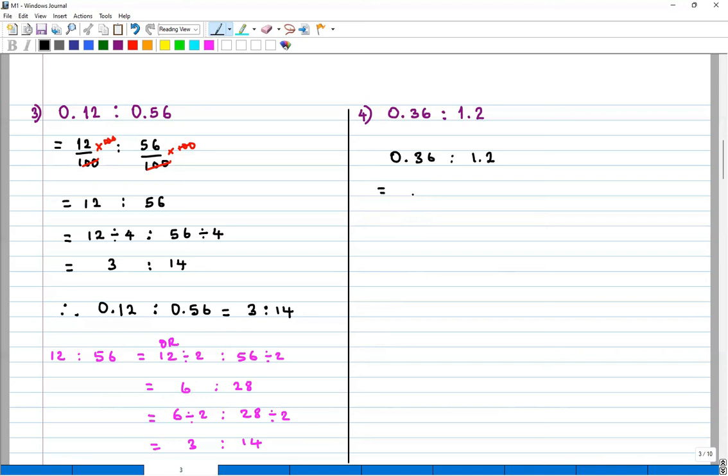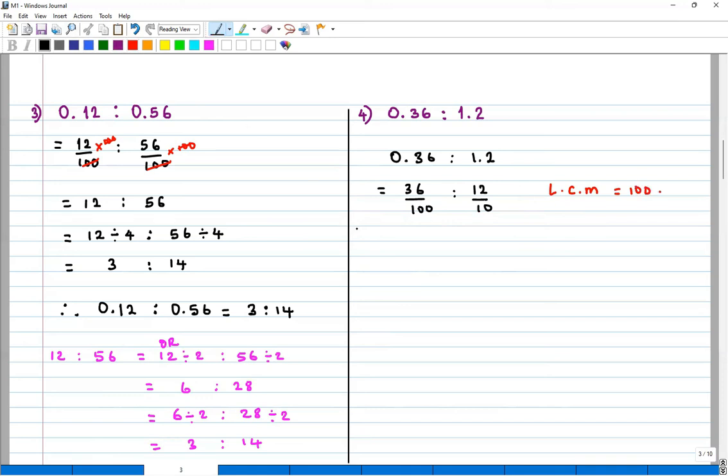Once we make it a fraction, this will be 36 out of 100 to 12 out of 10. The LCM of 10 and 100 will be 100.